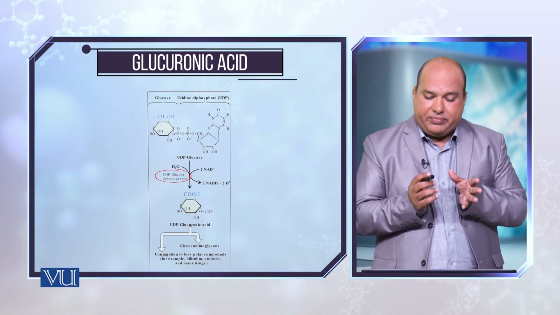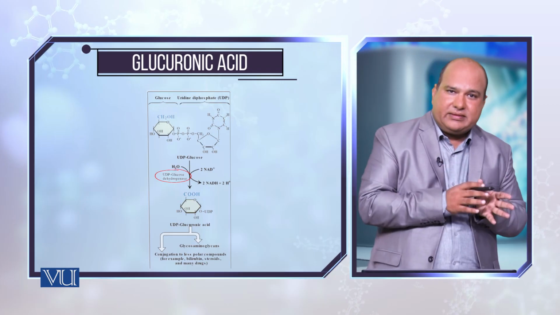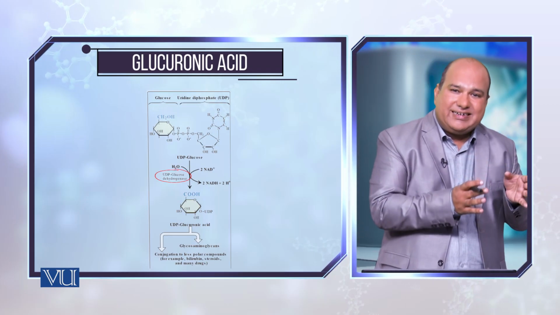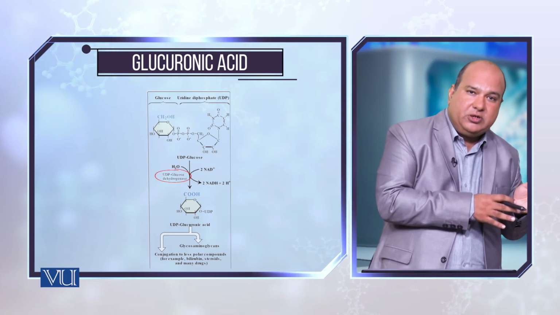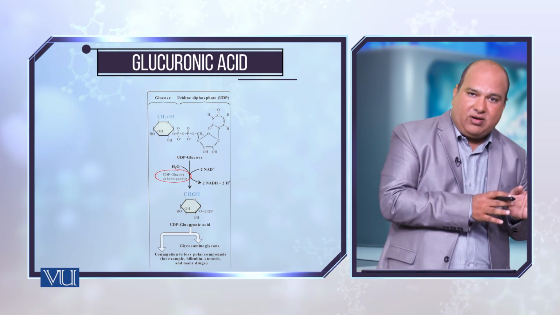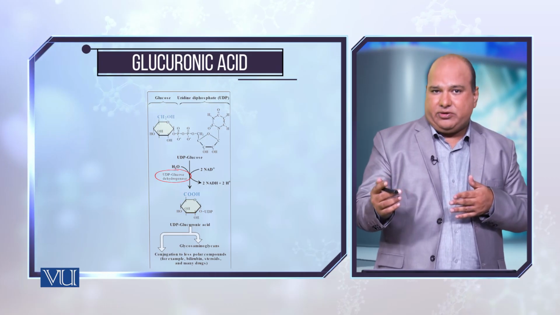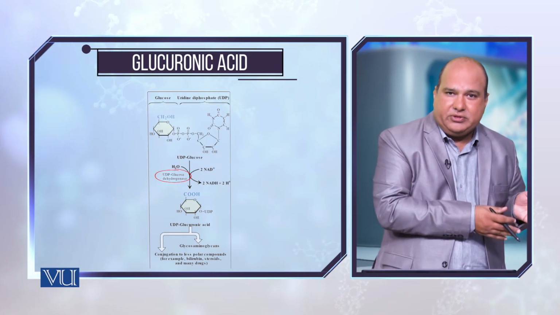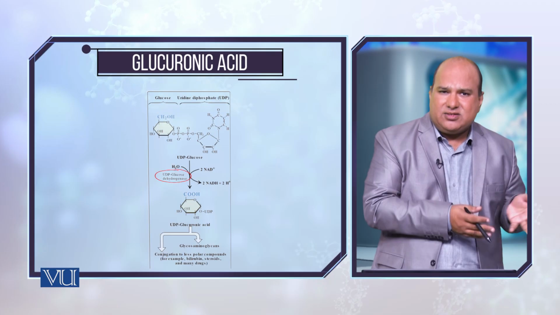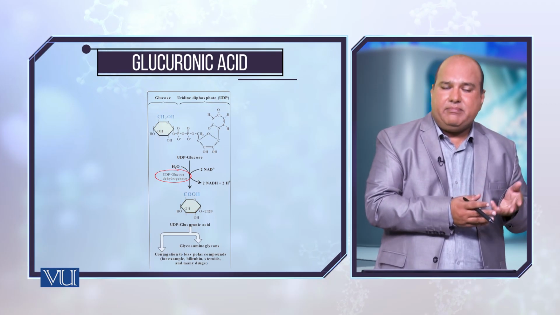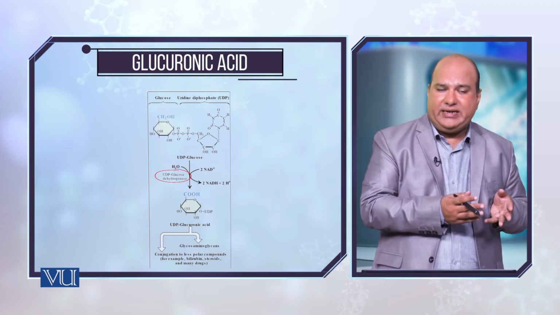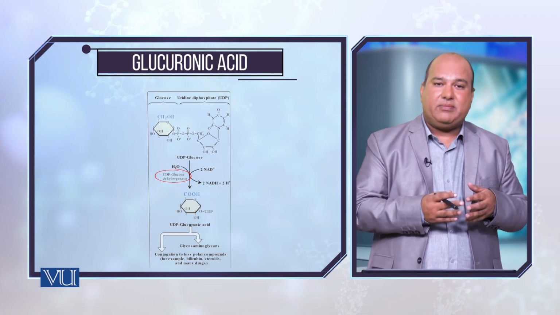Once UDP glucuronic acid is formed, it not only becomes part of the GAGs, but is also involved in the formation of many other molecules which are polar in nature, for example, steroids.